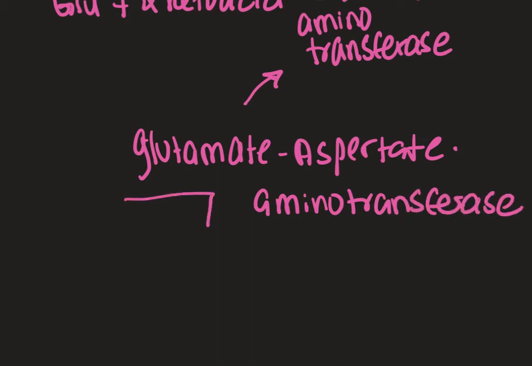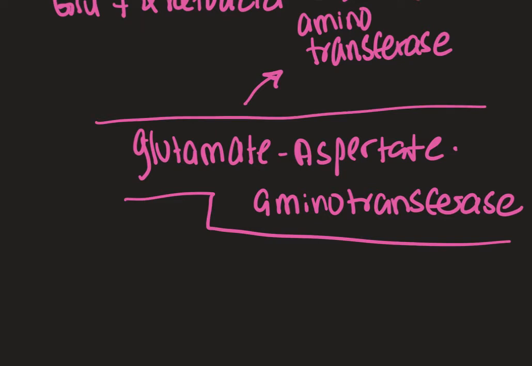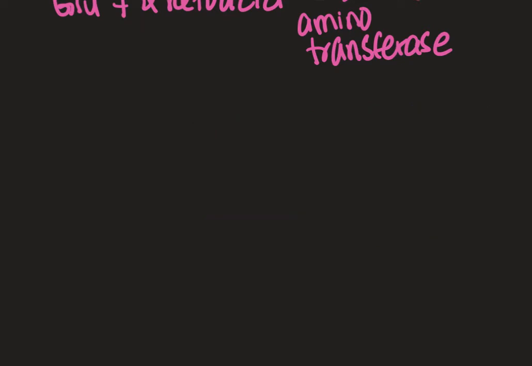So this gives you an idea of what is being synthesized. The aminotransferase reaction provides a general means of exchange of nitrogen between amino acids and alpha keto acids.